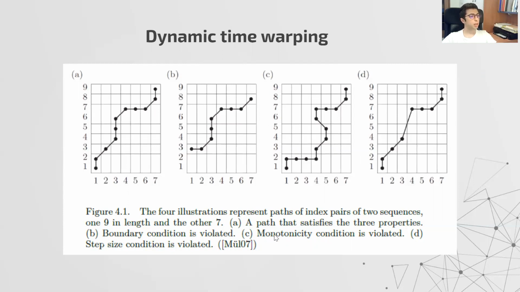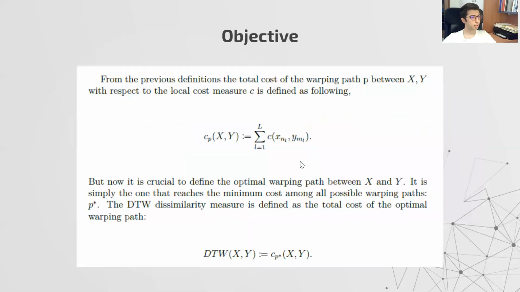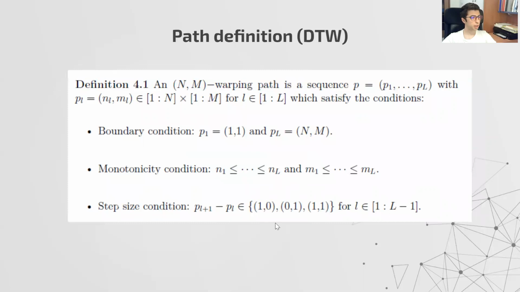The second error in this picture is the one that we can see in points 5,5 and 6,4, in which we have a shift of the path of a negative shift, so here we have a -1, +1 shift, and it is not to be considered, as you can see here.